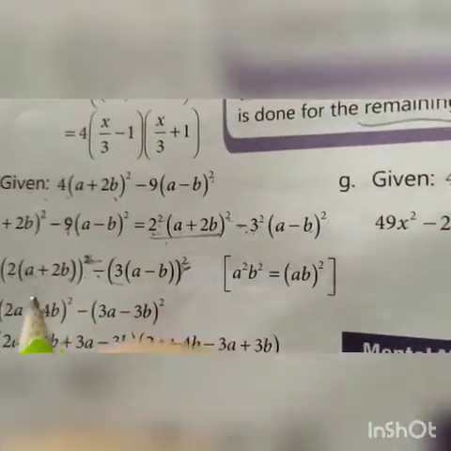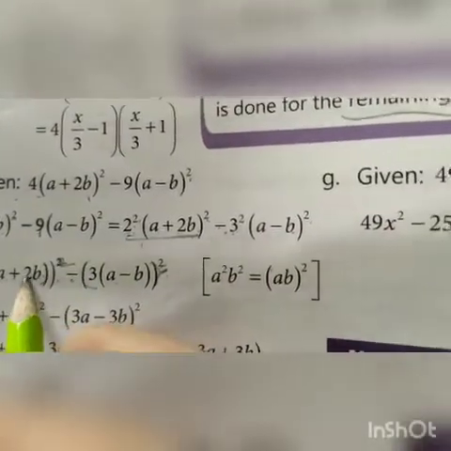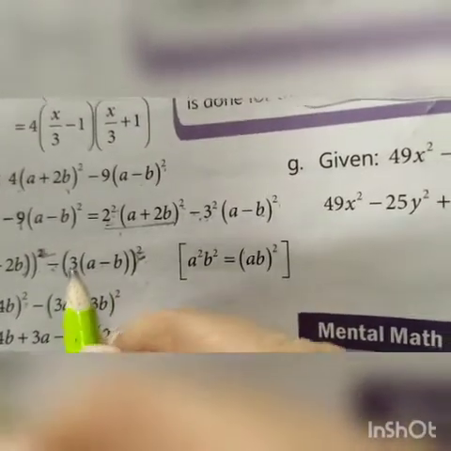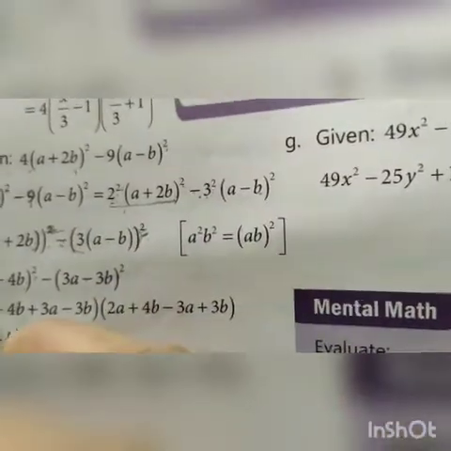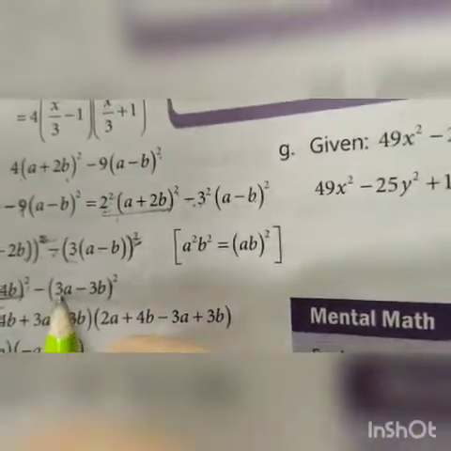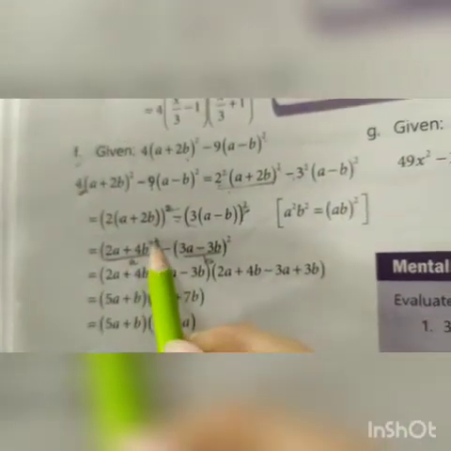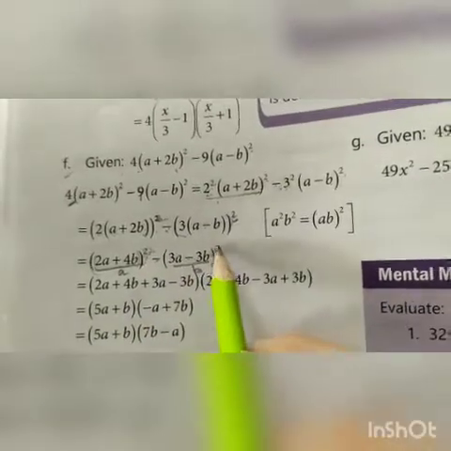Now multiply: 2 times A is 2A, plus 2 times 2B is 4B, then this square, minus 3 times A is 3A, minus 3 times B is 3B, then this whole square. Now this is the value of A and this is the value of B. So this is a whole square, third identity, A square minus B square.